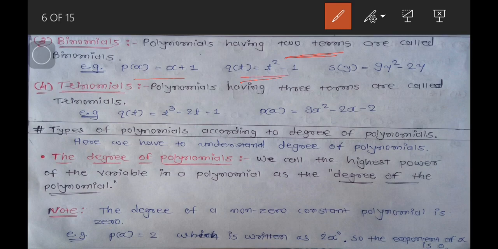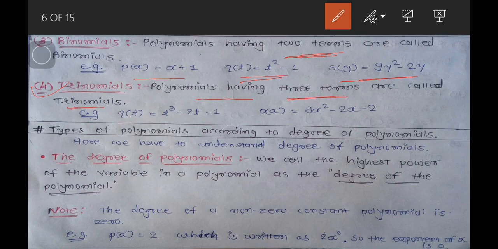And s of y is equal to 9y squared minus 2y. It is also a binomial, because there are only two terms in the given example. The fourth type, trinomials. Polynomials having three terms are called trinomials.